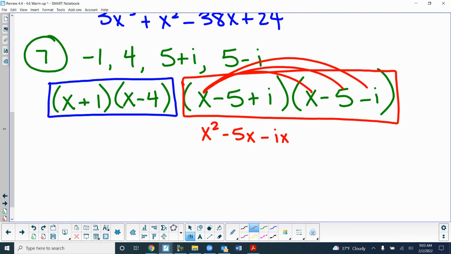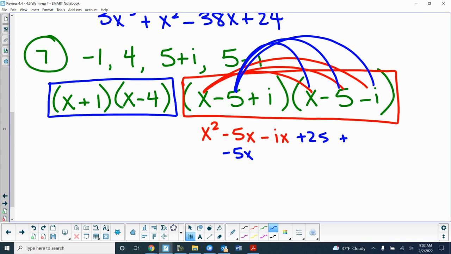All right. And then we do negative 5 times x. And negative 5 times negative 5. And negative 5 times negative i. And then we do i times x, which is positive ix.